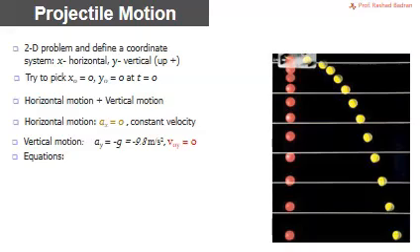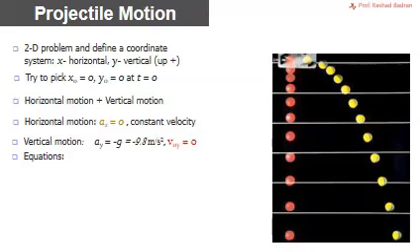That's why along the y-axis, in the vertical motion, the component of acceleration a_y is the same as the acceleration due to gravity, and the minus sign indicates that the pull on the object is downward.